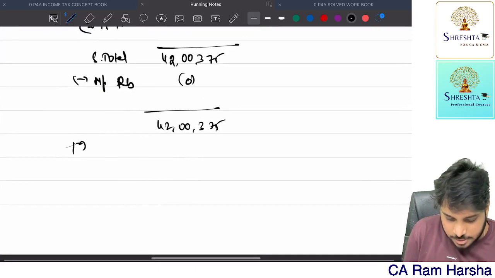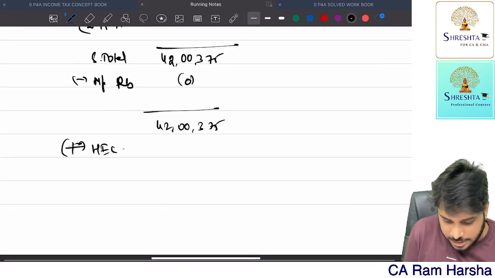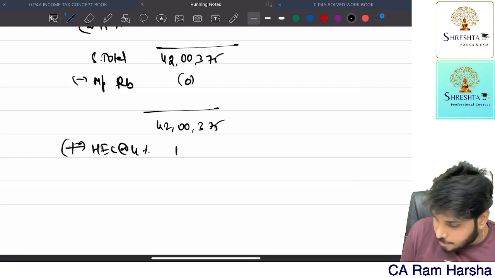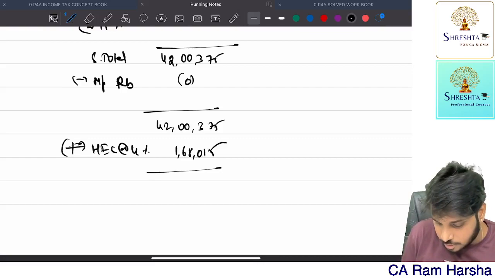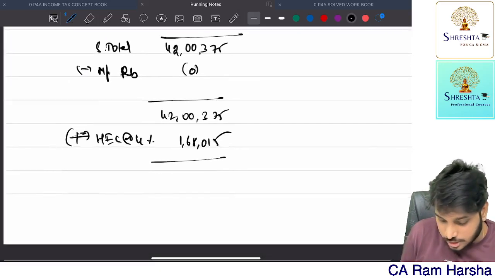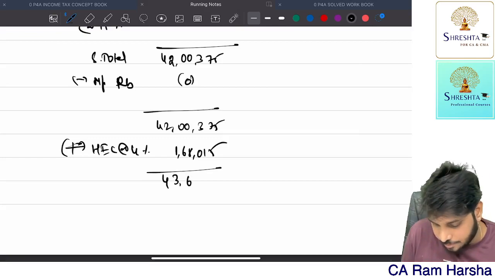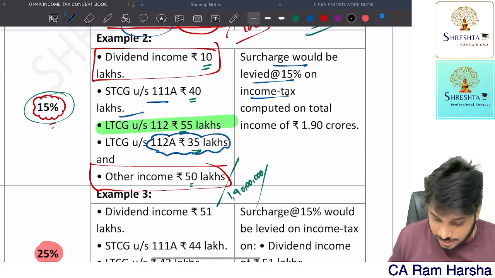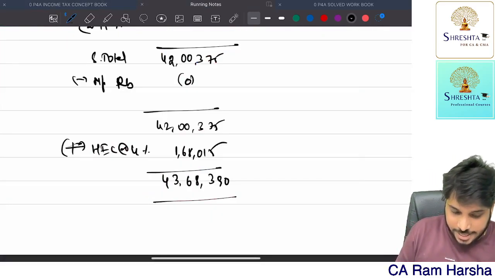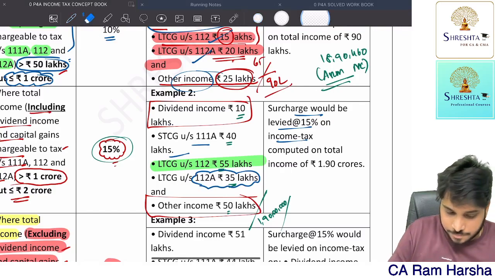Now for this add health and education cess at 4%, which is 1,68,015. So 42,00,375 plus 1,68,015. What is the total tax? 43,68,390. This is the total tax. The answer is 43,68,390.